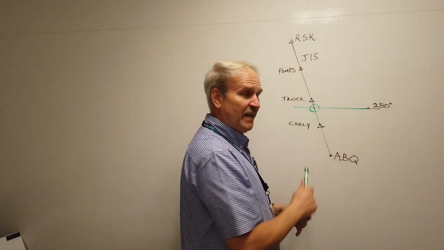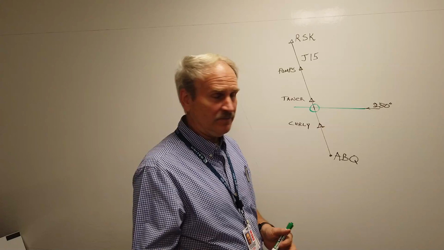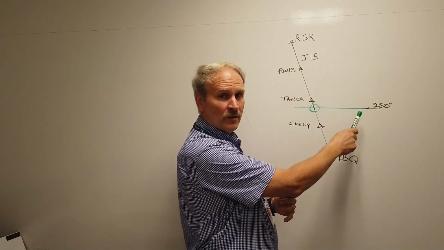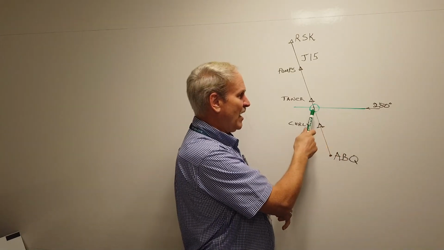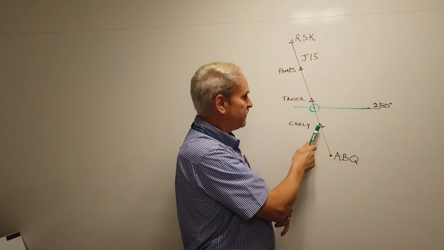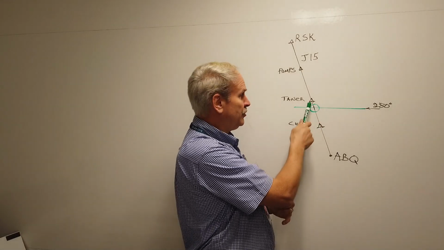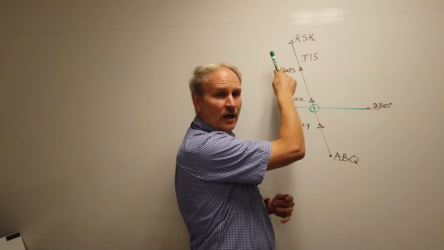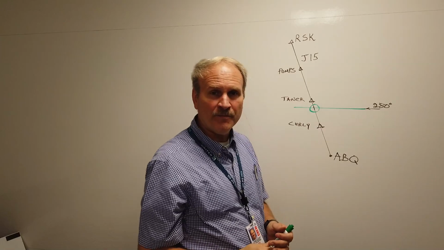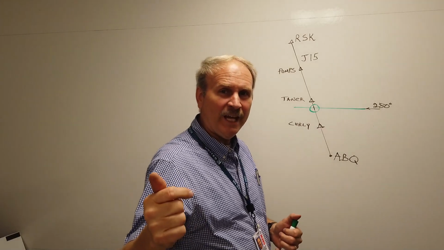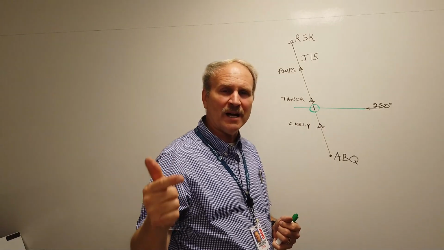So when I say the green line is handing you the answer, here's what I mean. On a heading 280, I'm going to hop on the road from Curly to Tainer on my way up to Rattlesnake. Well, I just said from and to, and that's how the box must read.